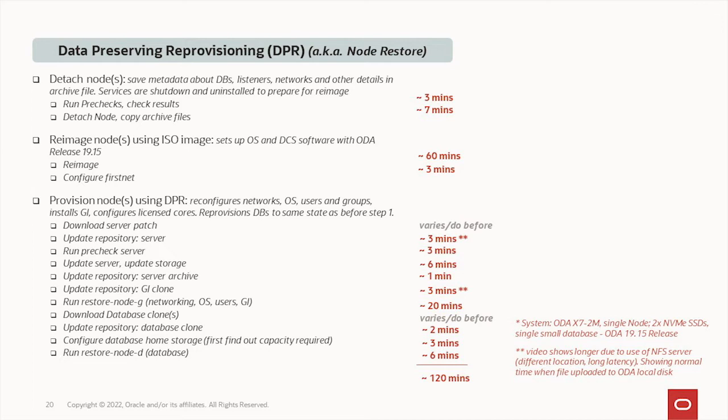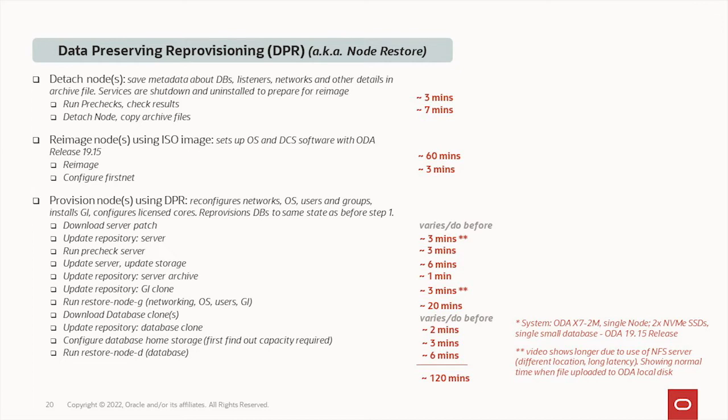And then the last step is provisioning the nodes using DPR. You can see here this reconfigures the networks, the operating system, users and groups, installs the GI, and reprovisions databases to the same state as they were with the appliance. And these are all the different steps here. You can see all the time. So the total is about 120 minutes.